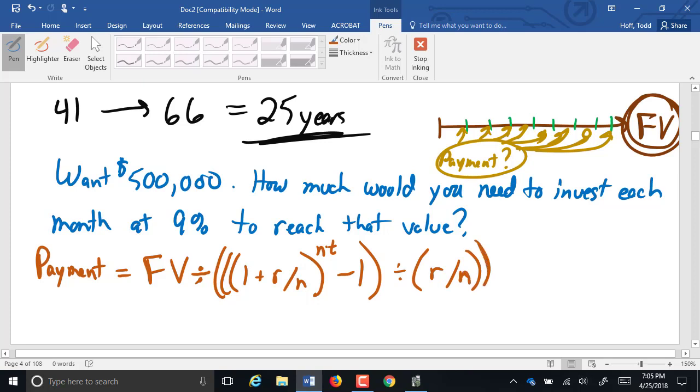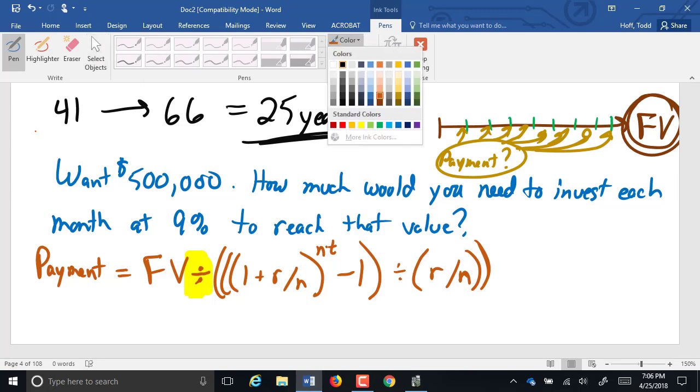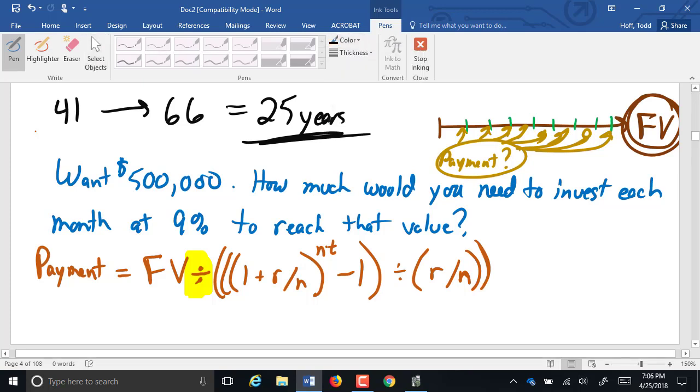It's the exact same formula, the only difference is that right there. I know I went through that kind of fast, but it's the same formula. I'll wait for you now. It's just division instead of multiplication. We're going from the lump sum to the payments instead of from the payments to the lump sum.